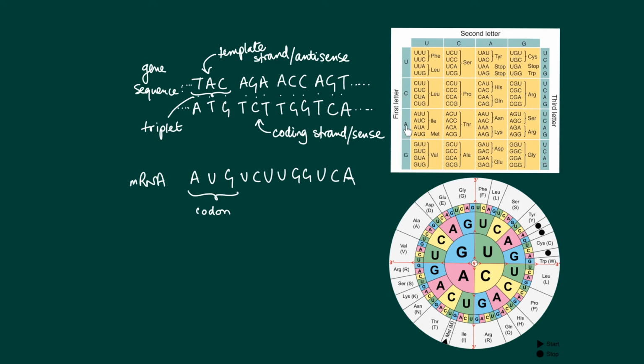First letter A, second letter U, so we're looking in this box right here, and within this box our third letter is G. The last one, AUG, gives us Met, or methionine. So when the codon reads AUG, the amino acid that will always be added as a consequence of that codon is methionine, Met. Let's just separate our codons there.